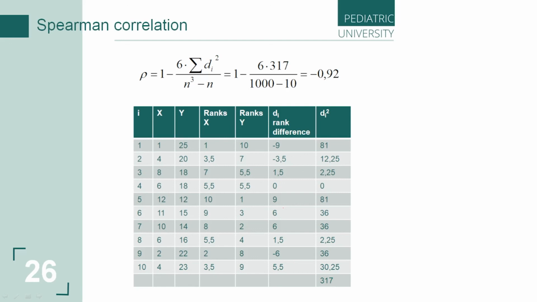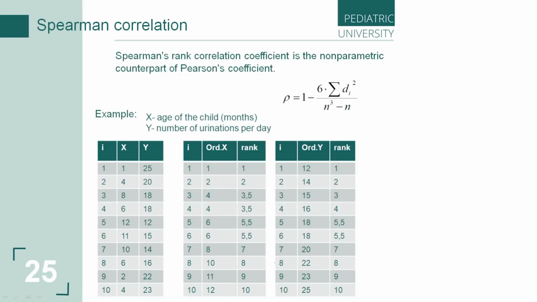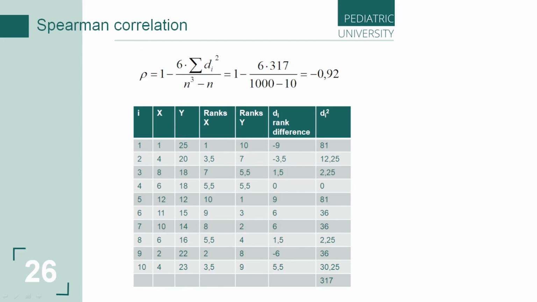Students, be careful: these are the ordinal numbers, but in the table our numbers stay unordered. Be careful with the ranks. We must put the rank for each number.